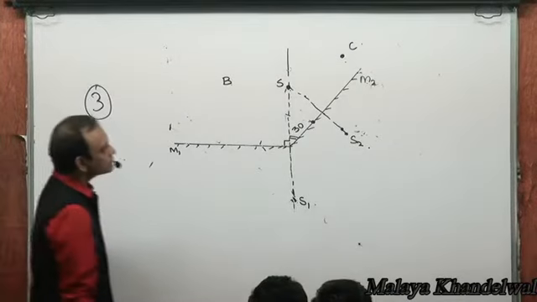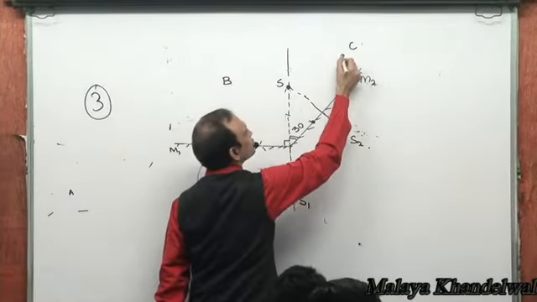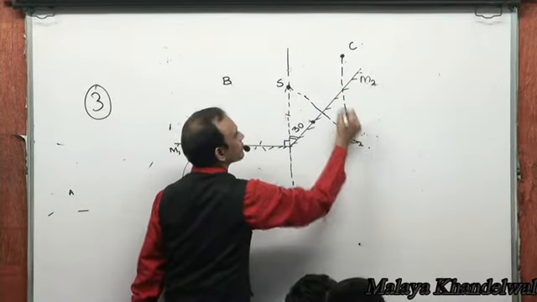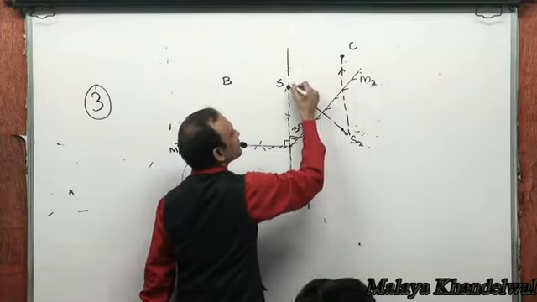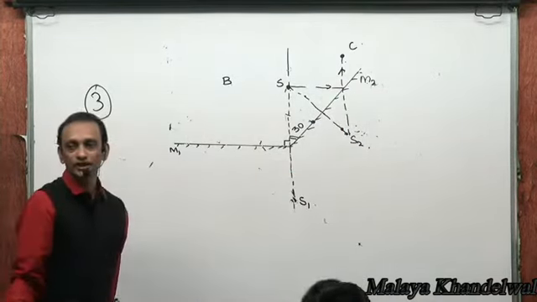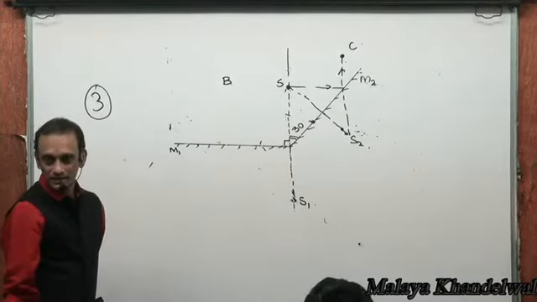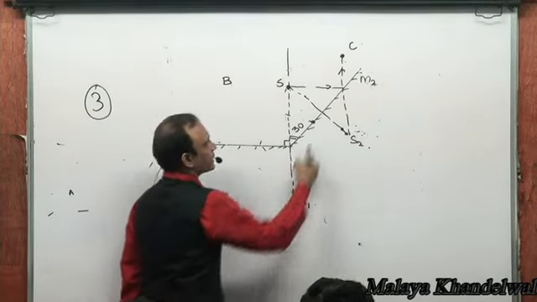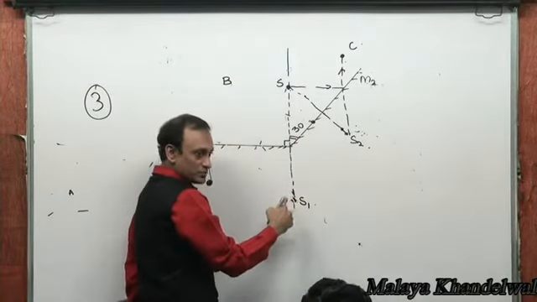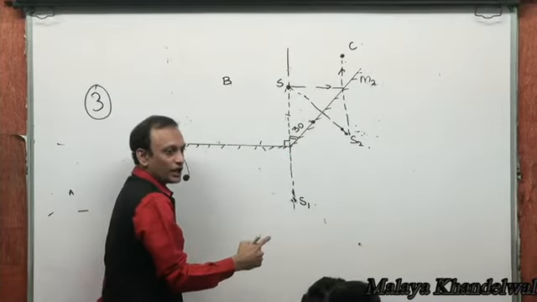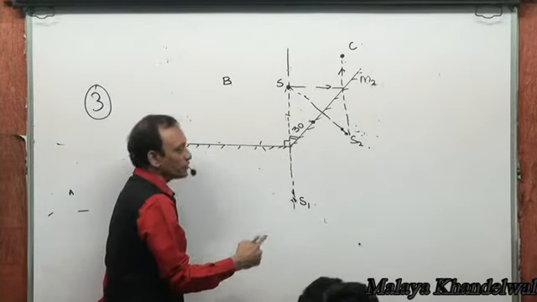Yes, C will see S2 for sure, because I can conceive of a reflected ray like this, which seems like coming from S2. So C will see S2 for sure, but will it see S1? Can I get a reflected ray from S1, which seems to be coming from S1, reaching C? No, no. Can you think of any?